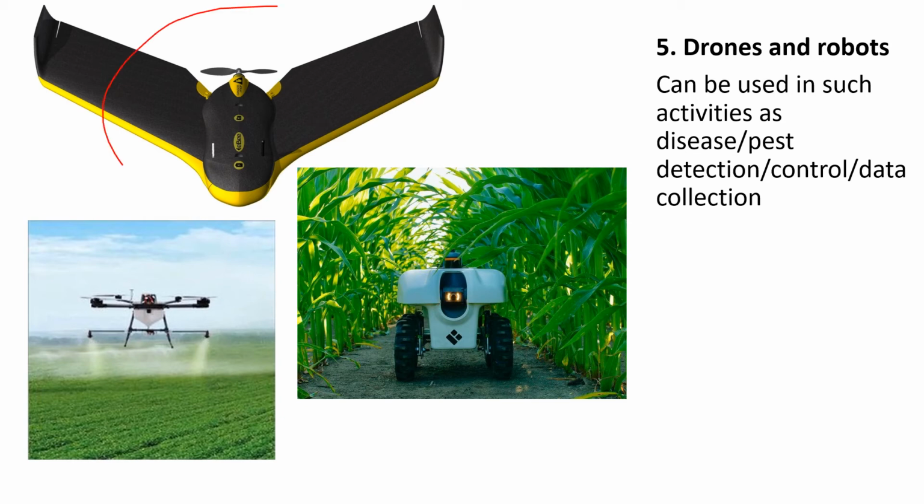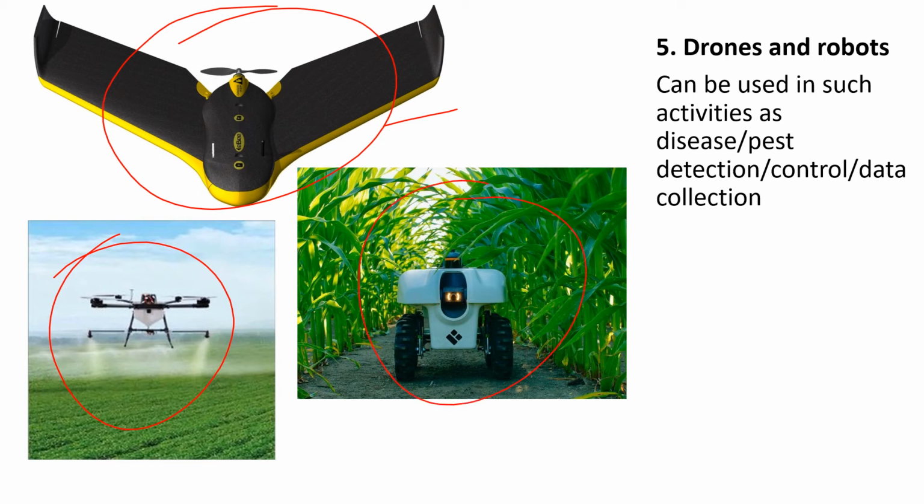The first one is the mapping drone, as you can see this one. Fortunately, we have had this kind of drone since way back in 2014. This other one is a sprayer drone. We still do not have one, but we look forward to having it in the very near future. And this one is the robot.